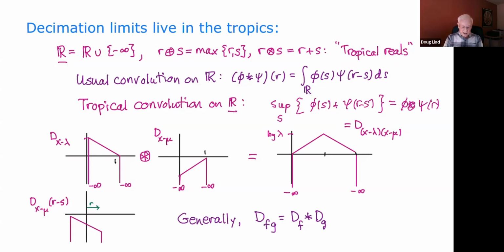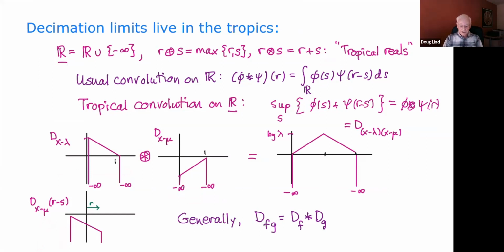For this, you need to take this and flip it around because we're looking at minus s, and then translate it by various amounts and add it to the original decimation of x minus lambda. The amount r that you're translating will matter. If r is negative, if you're way over here, and you try to add those up, you'll always get minus infinity.